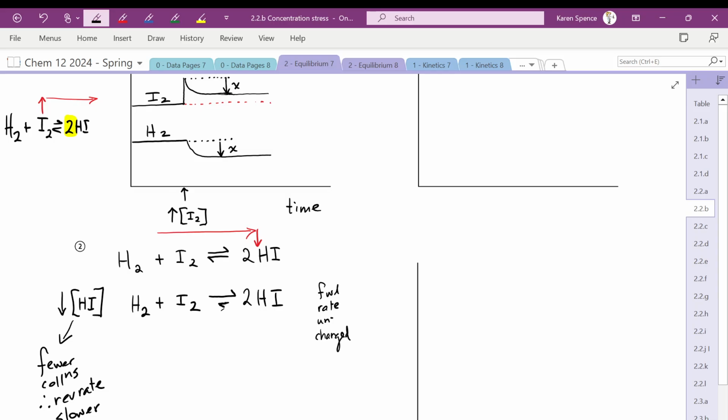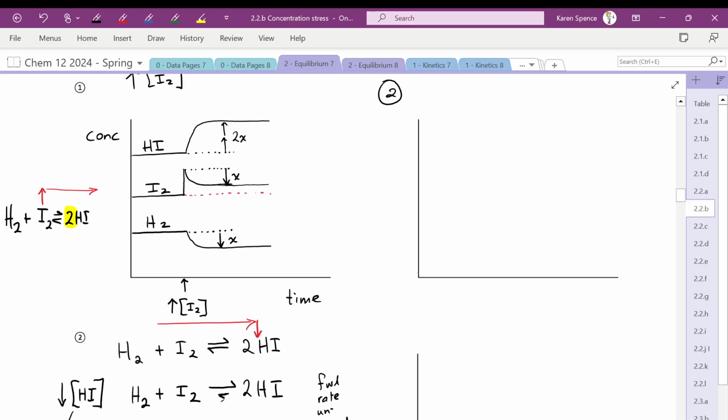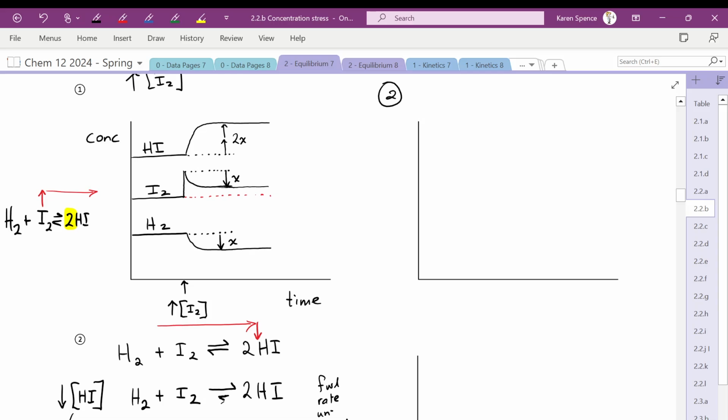Let us draw a concentration diagram for what happens in this case. So we have HI. Don't worry, we'll come back to that later if you didn't manage to get it all down. We have I2 and we have H2. Concentration, time.